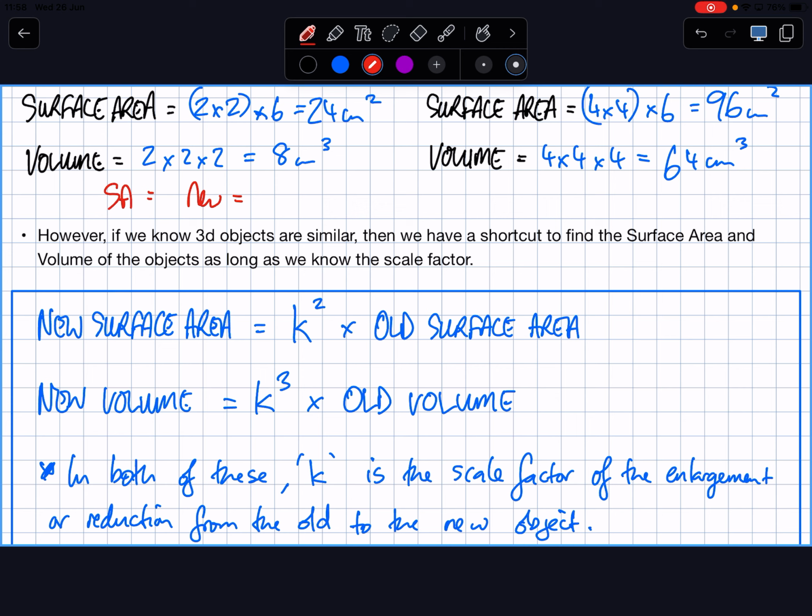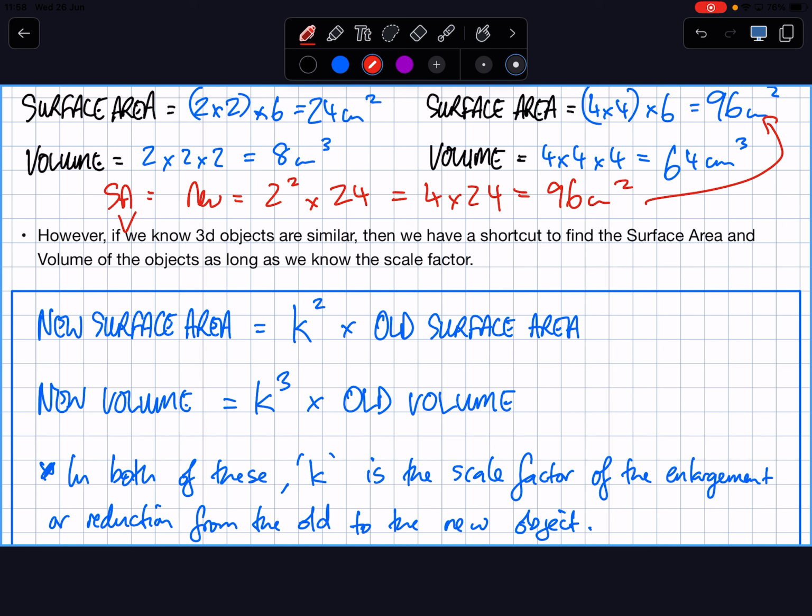So new surface area is going to be 2 squared times by the old surface area, which was 24. What is 2 squared? 4 times 24. What is 4 times 24? 96. So we've confirmed that that formula works for surface area.